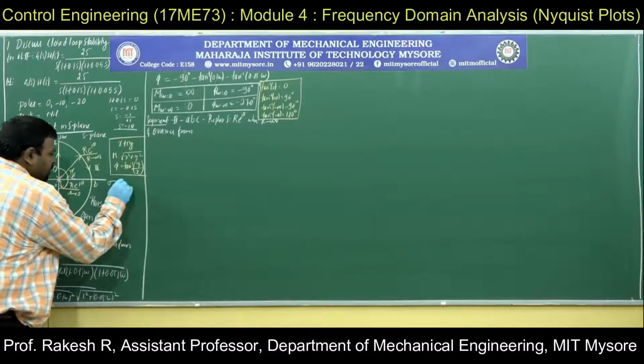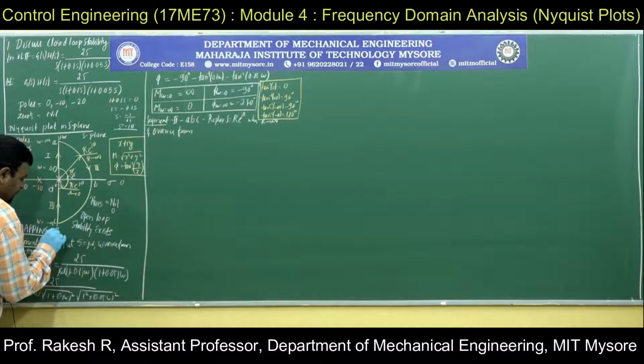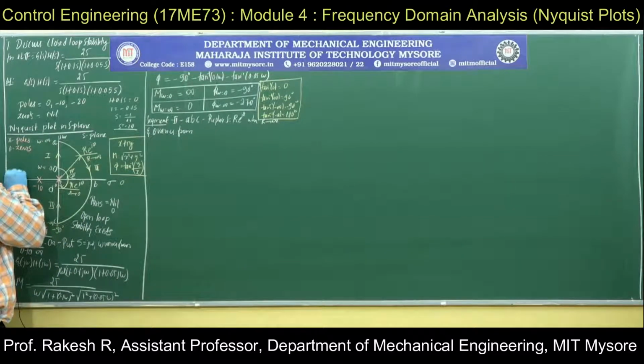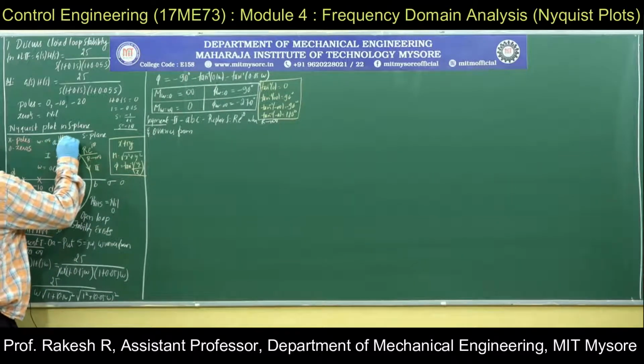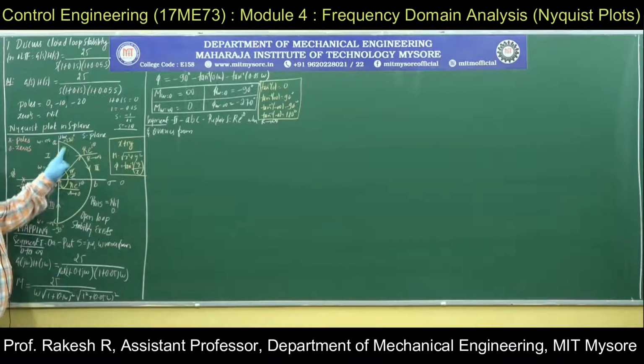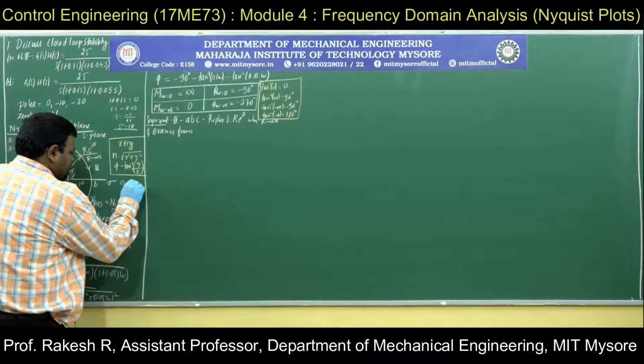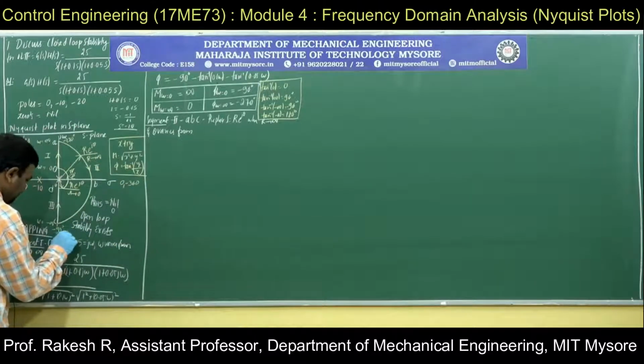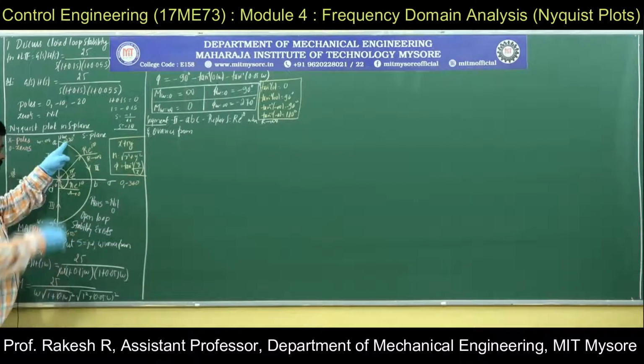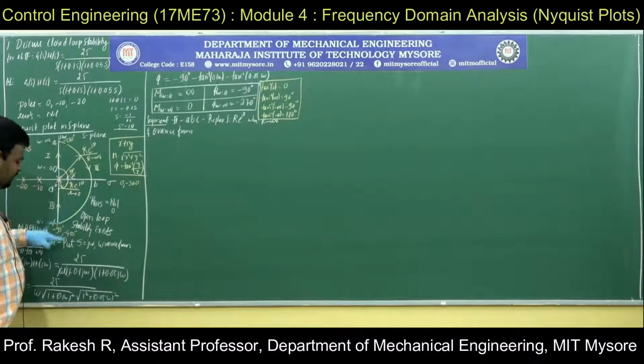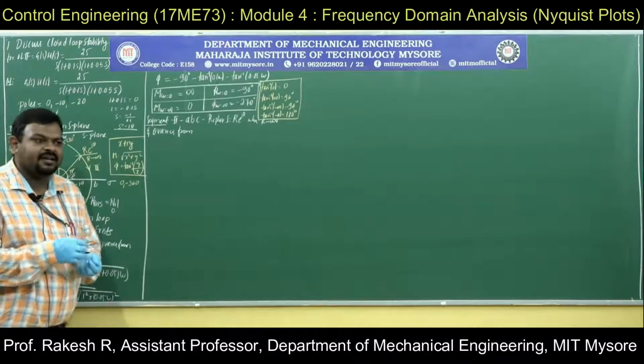So it is 0. This is minus 90. This is minus 180. And this is minus 270. So it is starting at minus 270. Then again minus 360 and minus 450. Minus 270 to minus 450 degree, that is the angle coverage.